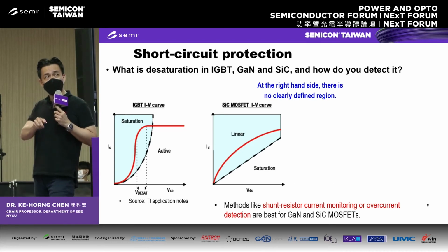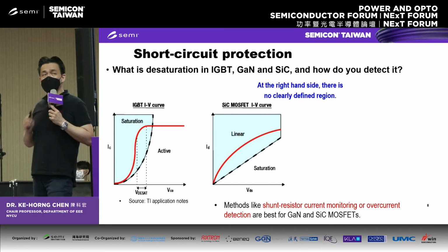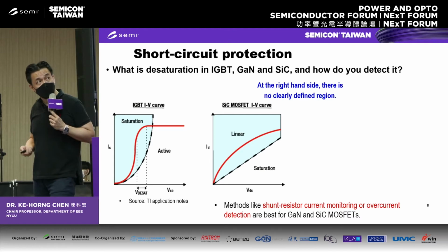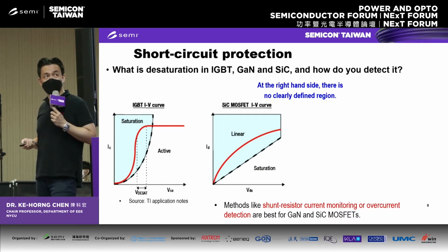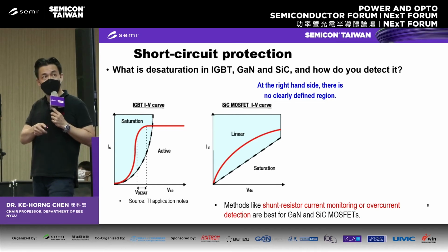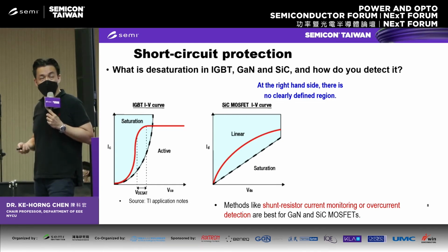So on the right-hand side of this figure, there is no clearly defined region. In other words, if the short-circuit protection is not applied on this device, it will cause abnormal operation or efficiency degradation.